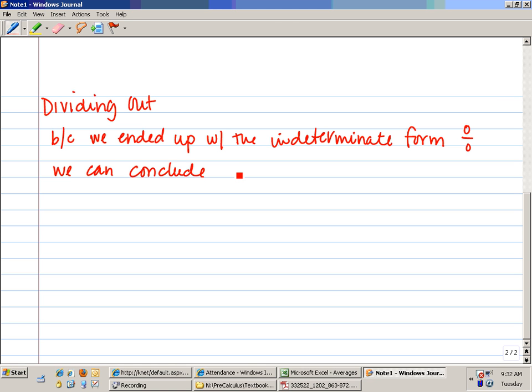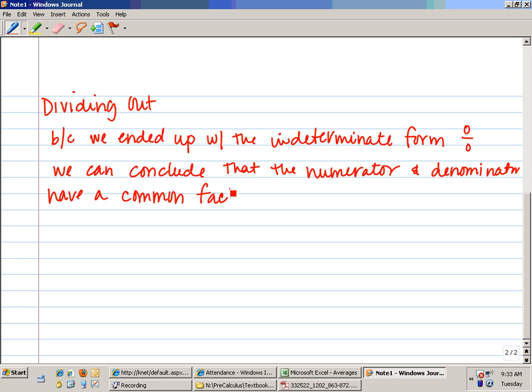So we can conclude that the numerator and denominator have a common factor. They must have a common factor if they equal 0 over 0. So we're going to factor.